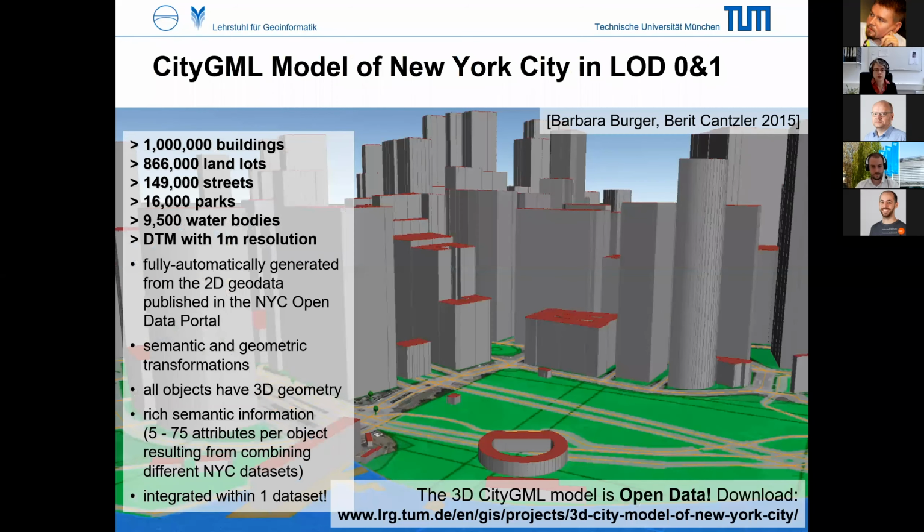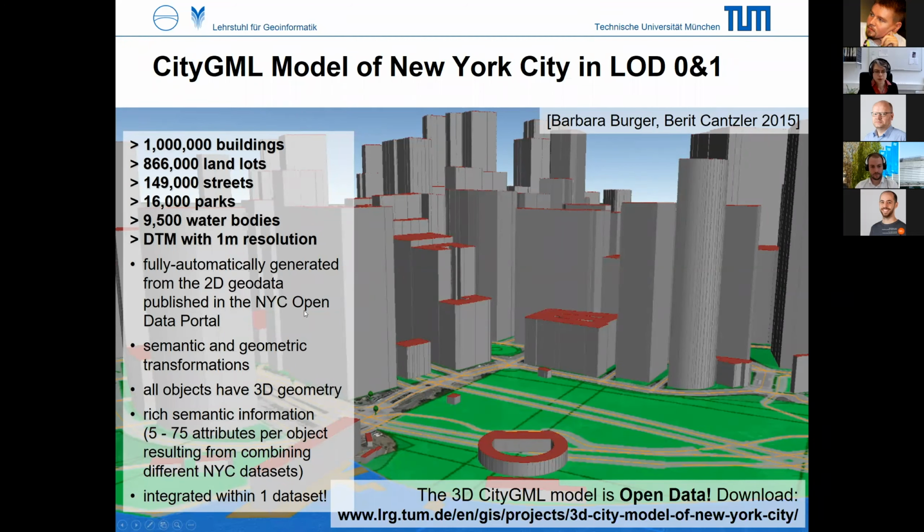And there's another example for a 3D city model in New York City. This city model was created using open data from the New York City Open Data Portal. And we did this with master theses. So we had 2 master theses some years ago where we created a city model in CityGML from New York City in LOD 0 and 1.